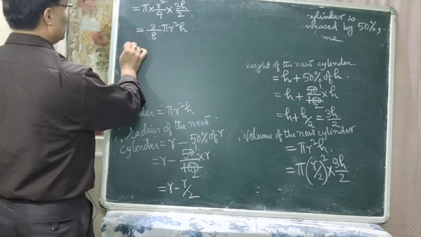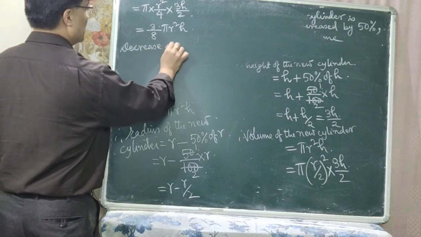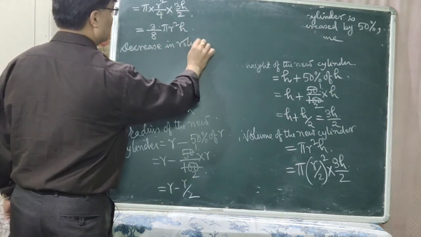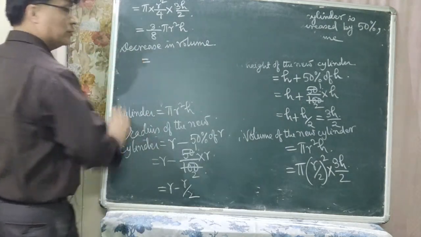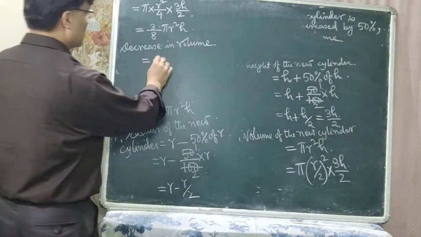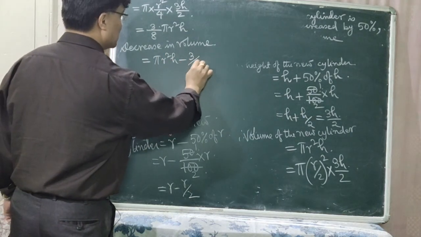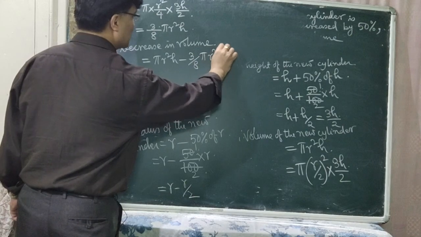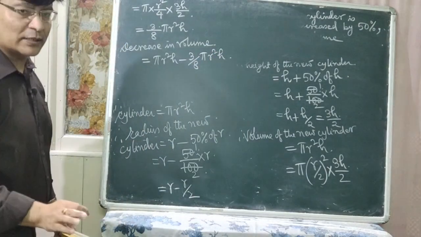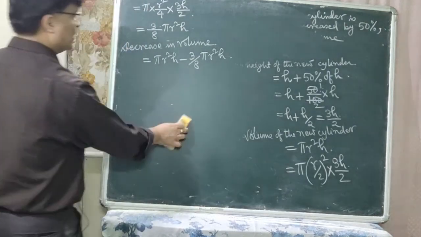So write down decrease in volume. Decrease in volume is equal to, by how much did the volume decrease, the original volume pi r square h minus 3 by 8 pi r square h. I think you have understood it. So let us simplify it. Let us take the LCM out here.